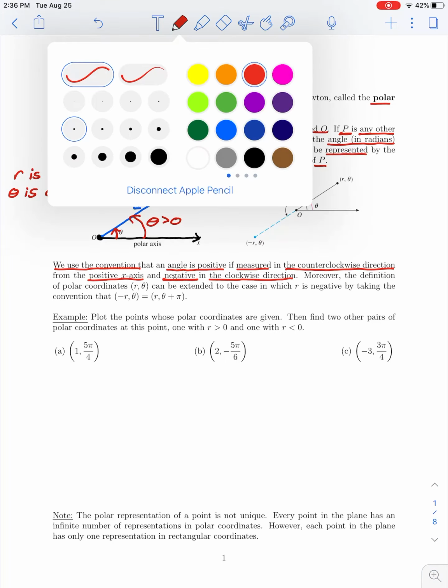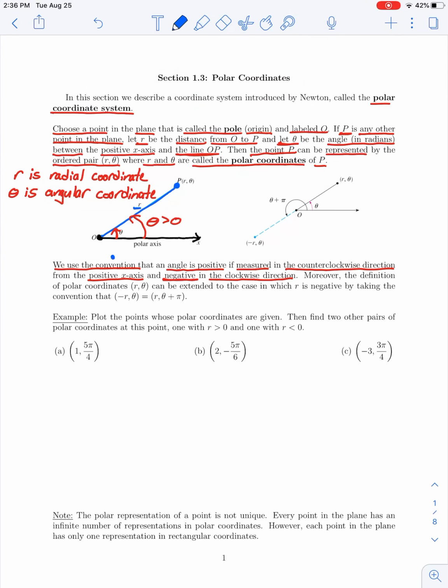So let's say that we had some other point, let's call this P. We look at the line segment from O to P, and whatever that distance is, we call r, which would be the radial coordinate of that point. And the angle theta in this case would be negative since we're rotating in a clockwise direction from that polar axis.